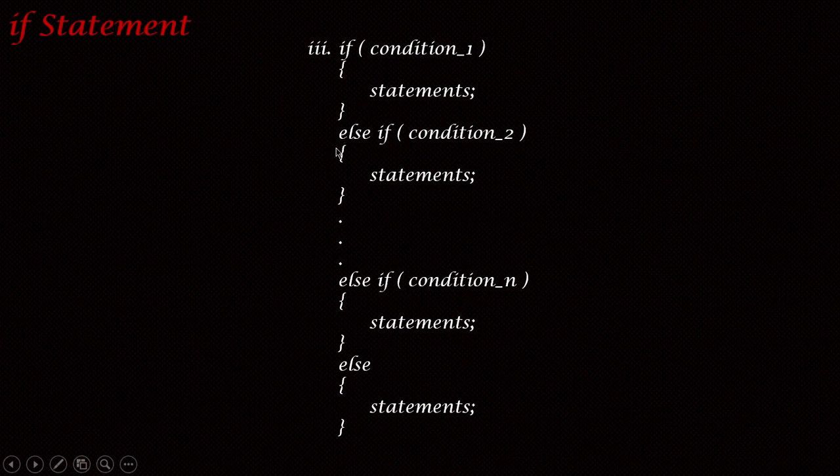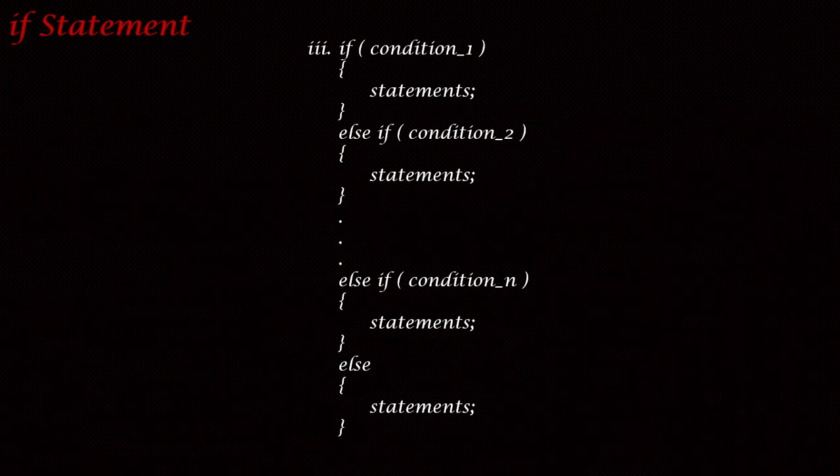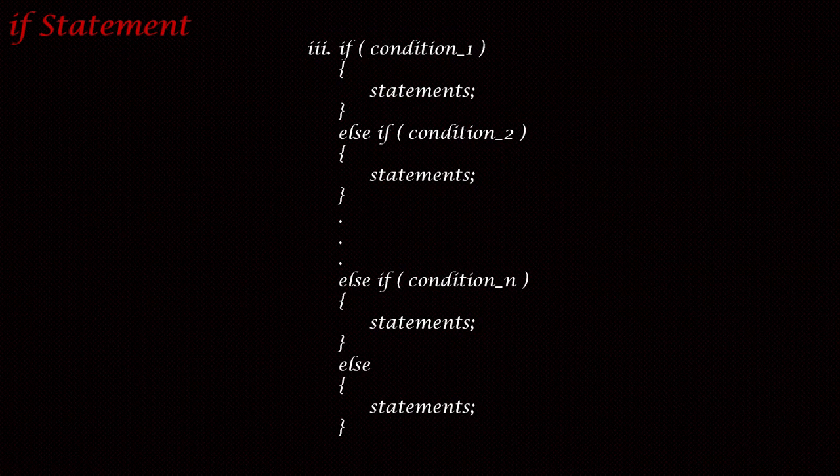Next, I will give the second condition. Now if and only if this second condition comes true, then only this statement will be executed. In this manner, we can have as many else if as we want, depending upon the program. We can utilize hundreds and thousands of else if depending upon your program's requirement.